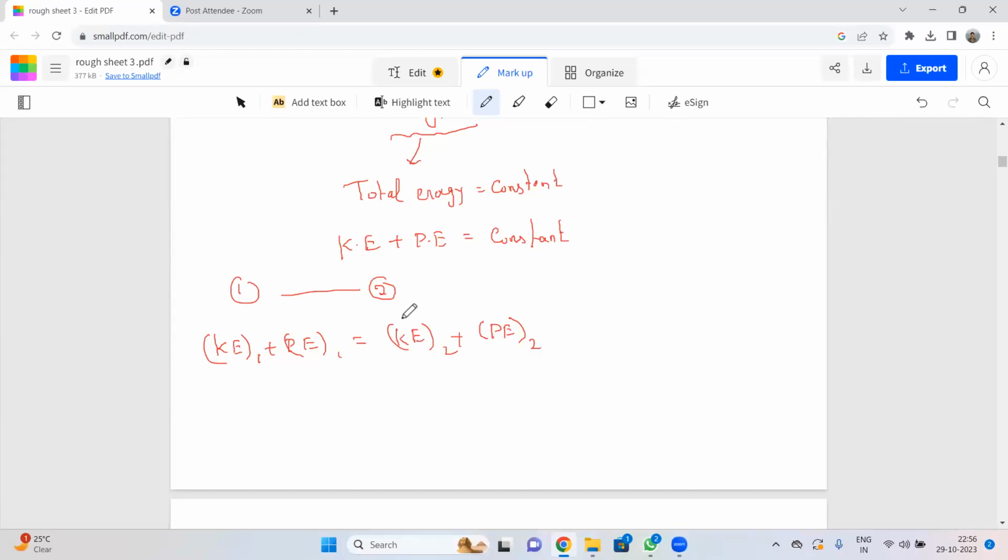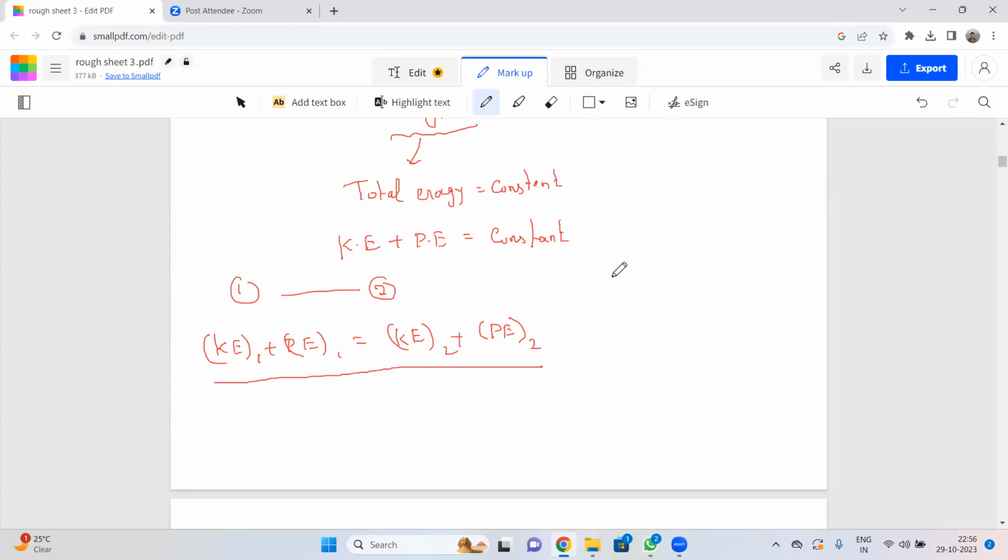Actually, there are some more energies, like the energy of the body itself, activation energy, nuclear energy, all those things. But those things are not going to change from position 1 to 2, so we can eliminate them from both sides. So we have this equation.